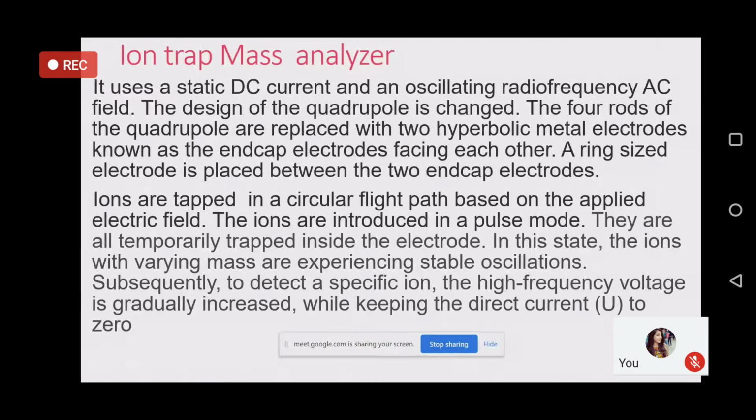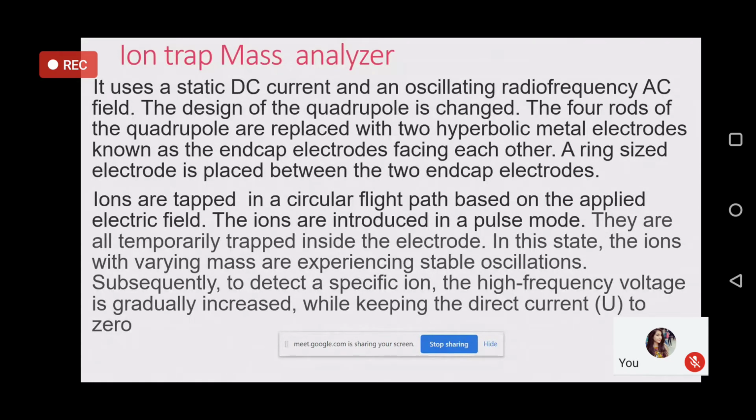Or v², the velocity squared, is going to be what? It is going to be m by 2z into V, if you rearrange the equation. So all the ions with one particular m by z, as long as V is fixed, is going to have the same value of v. And this value of v for a given voltage is going to be different for different ions with different m by z.